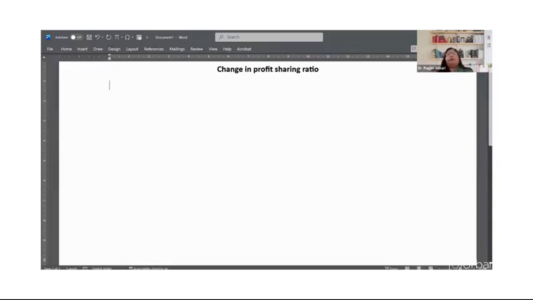So basically here we are going to talk about the change in profit sharing ratio. This is a common practice among the partners in firms that in certain scenarios, for example admission of a new partner, retirement of a partner, or death of a partner, but otherwise also, if nothing is there, the partners may feel like changing the profit sharing ratio in due course of time.